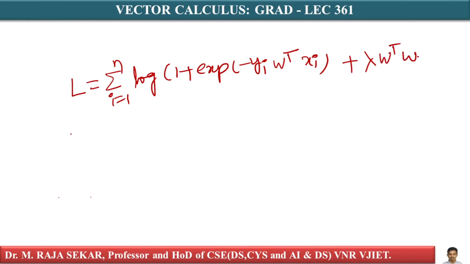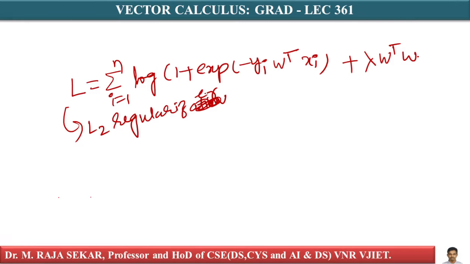This is L2 regularization. If someone does not have a conceptual understanding of L2 regularization, I will discuss it. This term is the L2 regularizer. This is what my logistic loss function with the regularization looks like, isn't it?